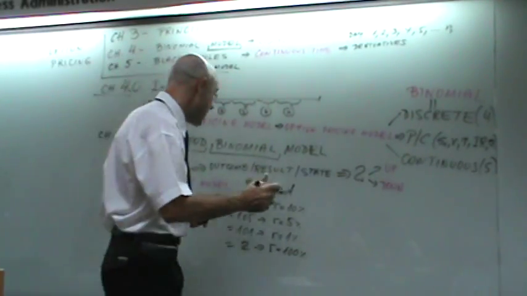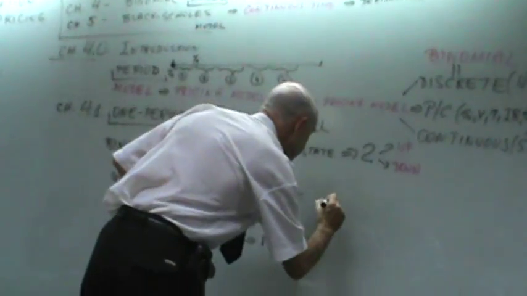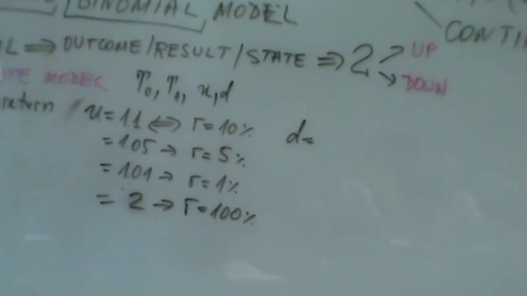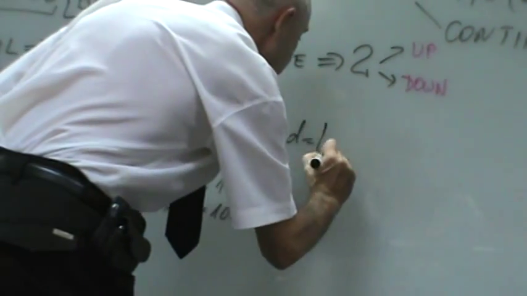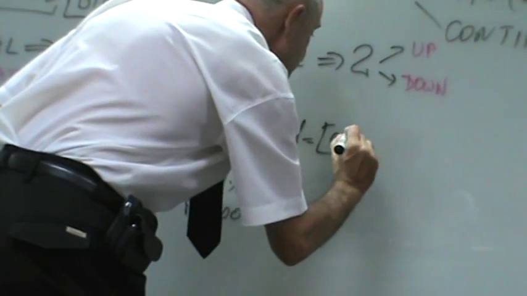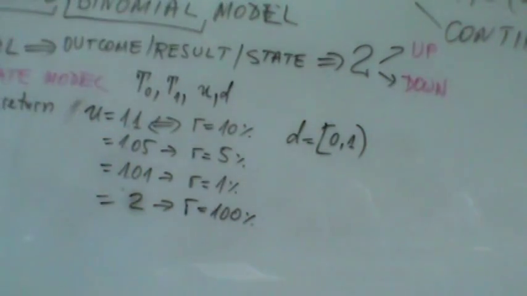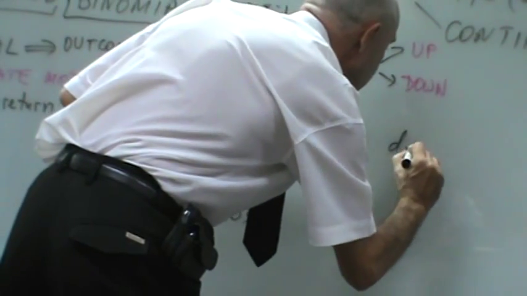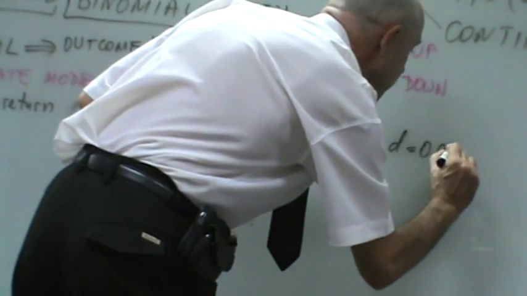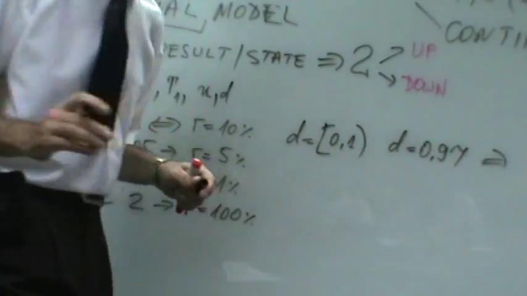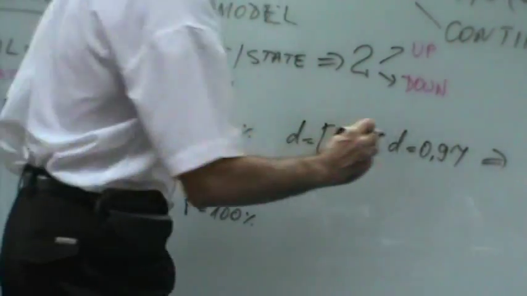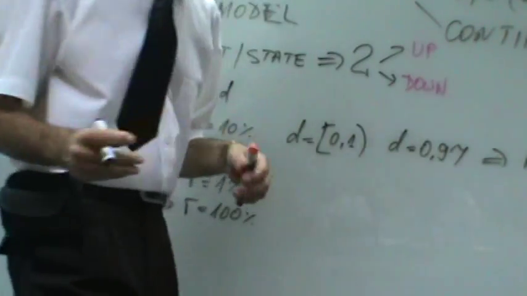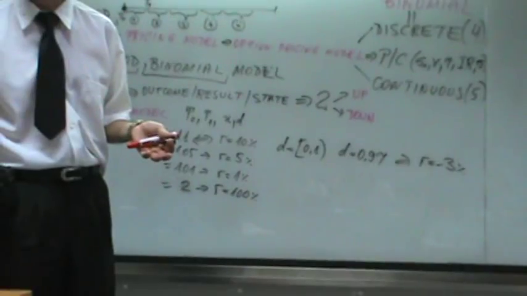And on the downside, we call it D, which is going to be a number between 0 and 1, okay? If D equals 0.97, this means the return is minus 3%.